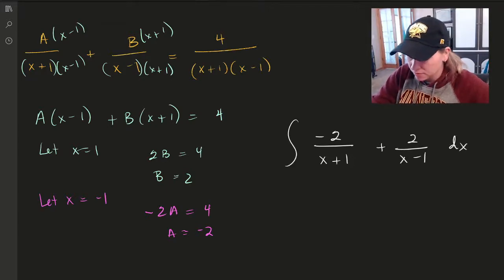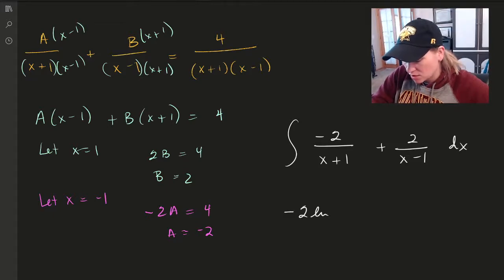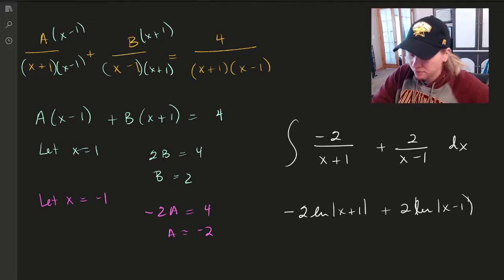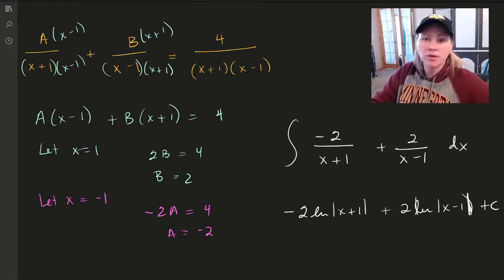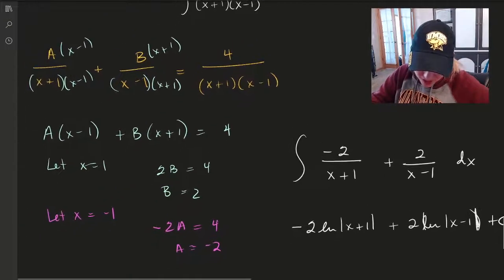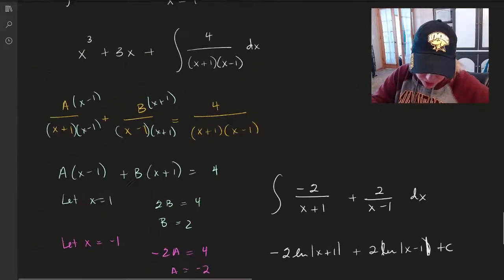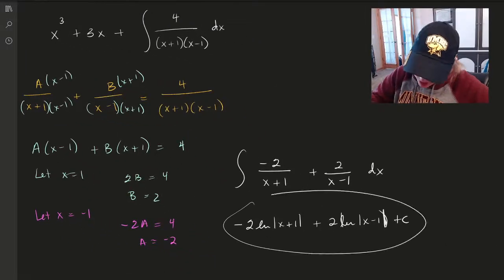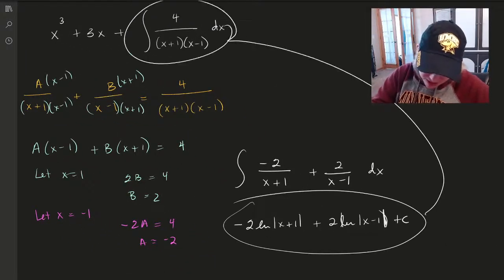So I'm going to get negative 2 natural log of absolute value x plus 1 plus 2 natural log of absolute value x minus 1. But of course, I can't forget to tack that on to what I got earlier. So there were a couple other terms up here that I integrated. So this replaces this.